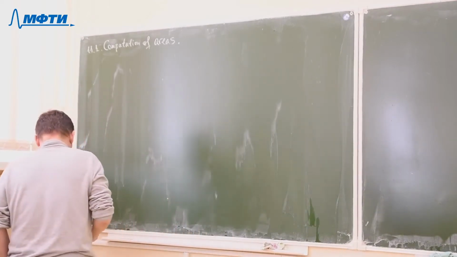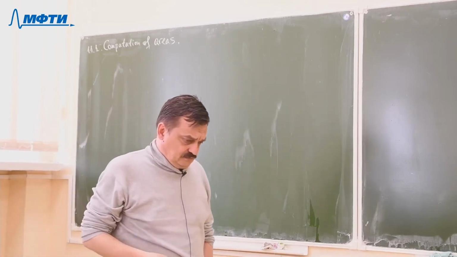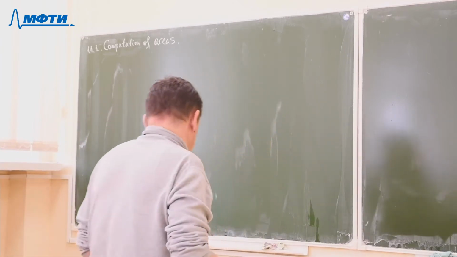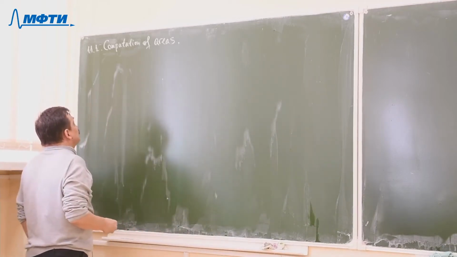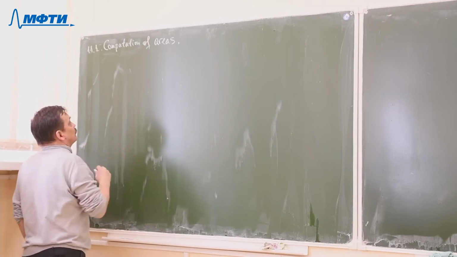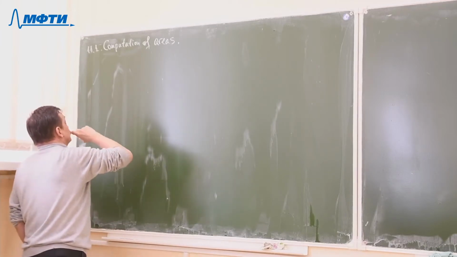First of all, I recall that we know how to compute the area of a specific curvilinear trapezoid.